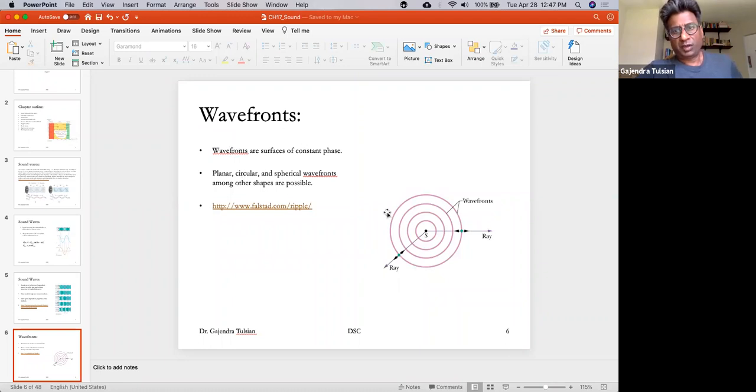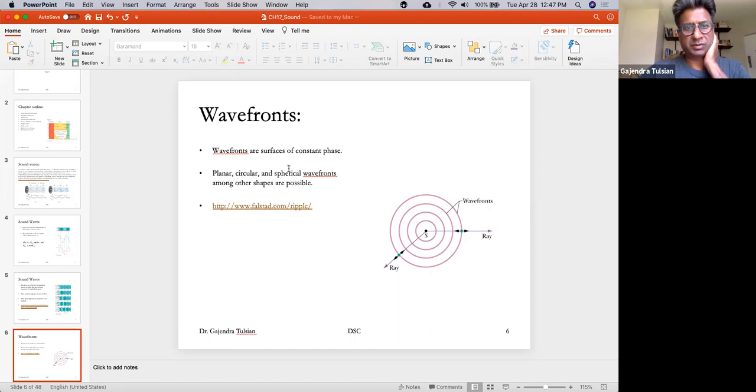So we'll talk about wavefronts. Here's, let's say, a point speaker. Wavefronts are crests that were produced at the same time. So this is the wavefront. The reason wavefronts are important is that at a given location, the wave travels perpendicular to the wavefront.